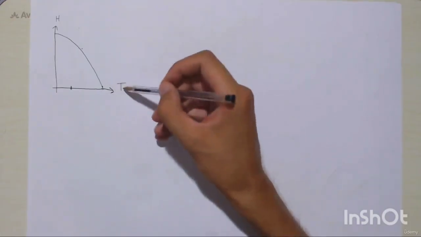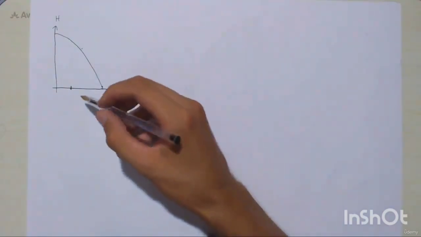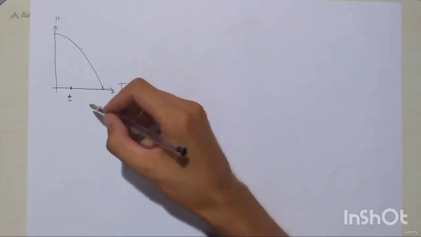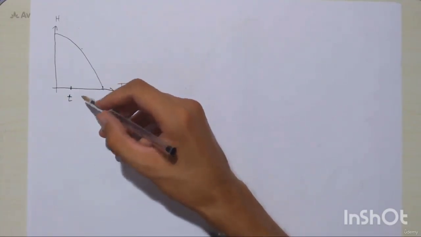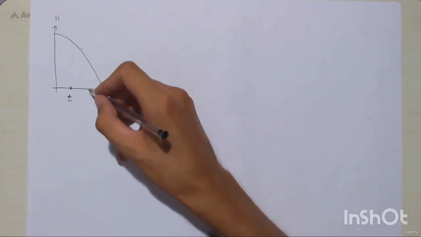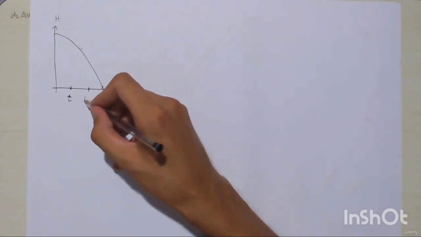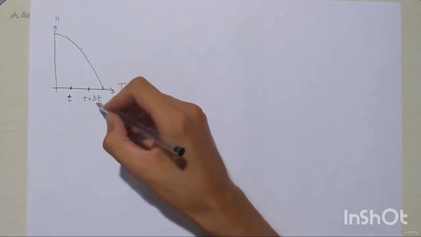So this is our function, time on this axis, height on this axis. We're going to take a random time, all right? Just whatever time. We don't consider a specific time, just a random time, and we're going to denote it with a t. And then we're going to take another time, and we're going to say that it's t plus delta t. Okay?